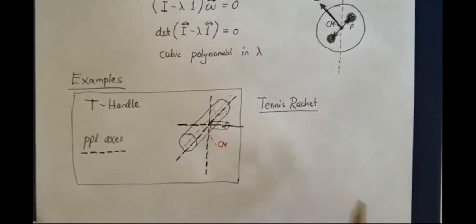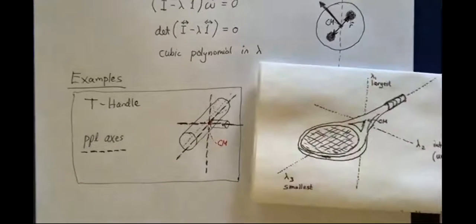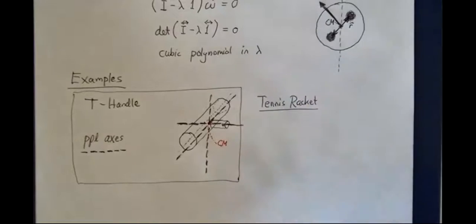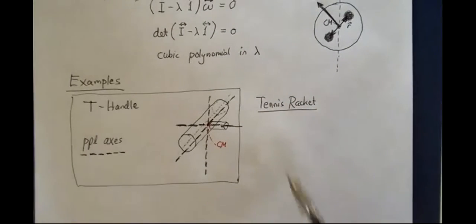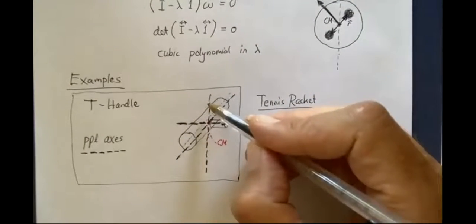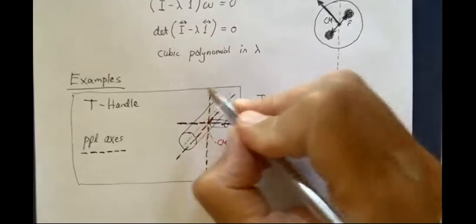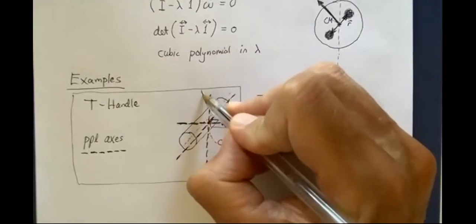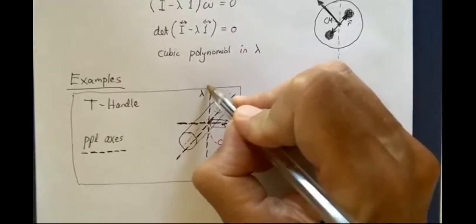Now let's talk about which one's the largest, which one's the smallest, okay? Well, from our discussion with the tennis racket, we can capitalize immediately. We know that this axis here will have the largest one. So this will be our lambda largest.